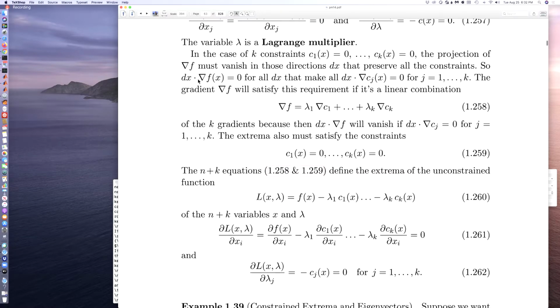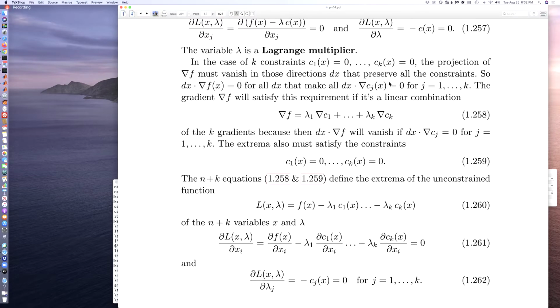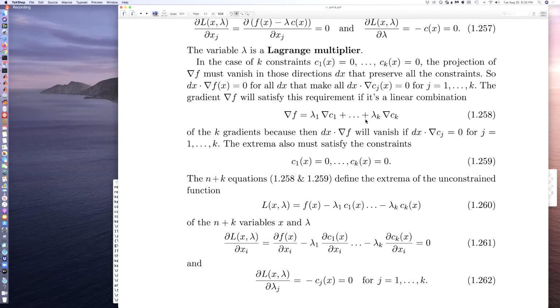In this case, you only accept points such that dx dot grad f is 0 for dx's that are in the direction of no change in any of the constraints. And so in other words, you want the gradient to be a linear combination of the gradients of all of the constraints.